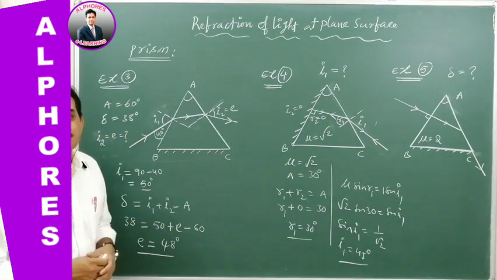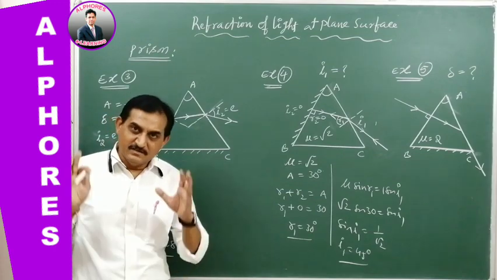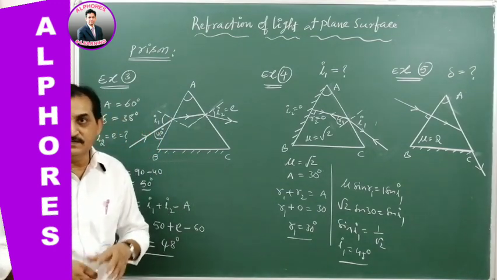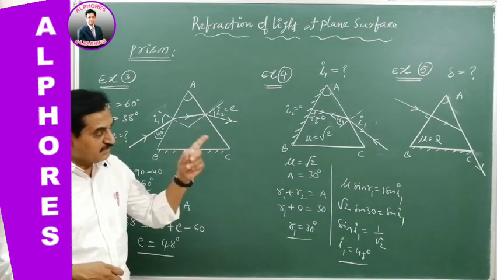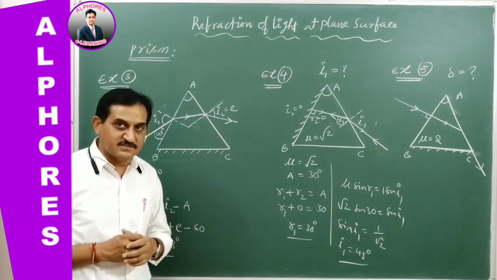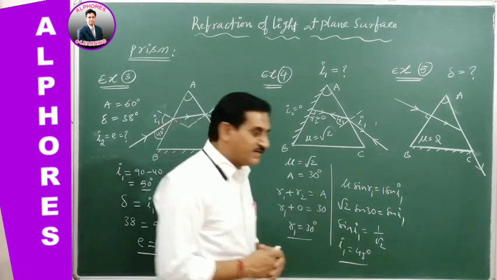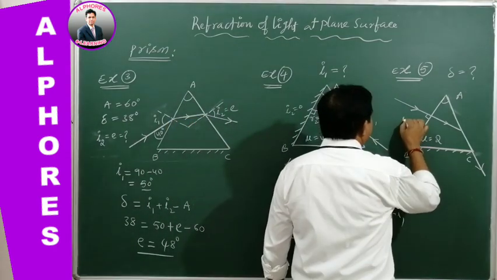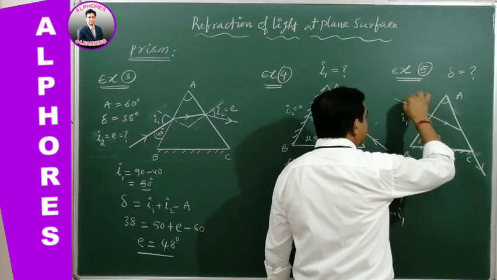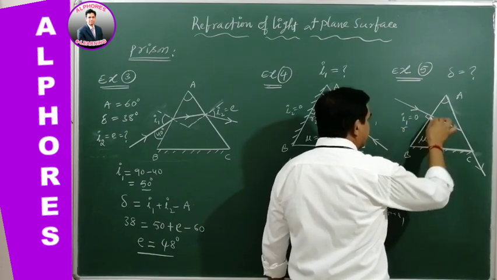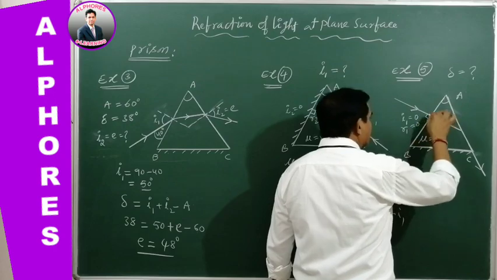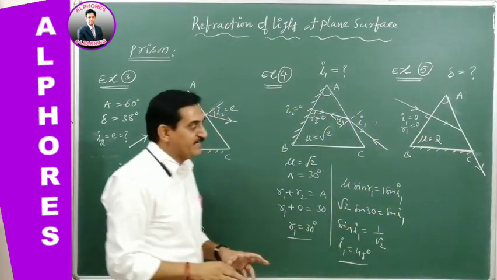This is one of the special cases we already discussed in the concepts. So again we go for the conditions: I1 is 0 because it is incident along the normal, and the corresponding R1 is also 0 because there is no bending of light there.